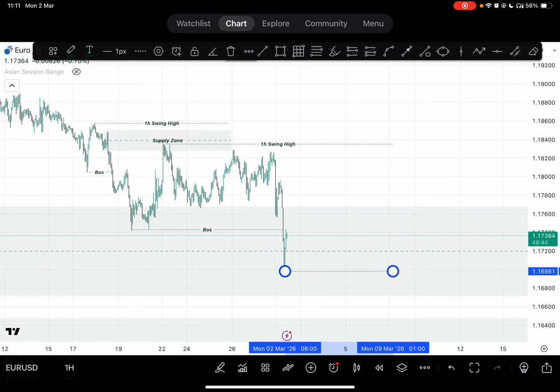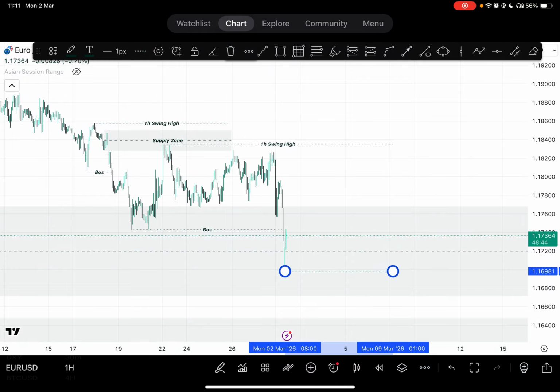So after marking out the 1 hour swing highs and lows, what else did I do? Of course, you remember we are still on a demand zone, and the trend is bullish. The higher time frames, the daily and the 4 hour, have a bullish order flow, so we are expecting bullish. As price gets to this first demand zone, anything can happen.